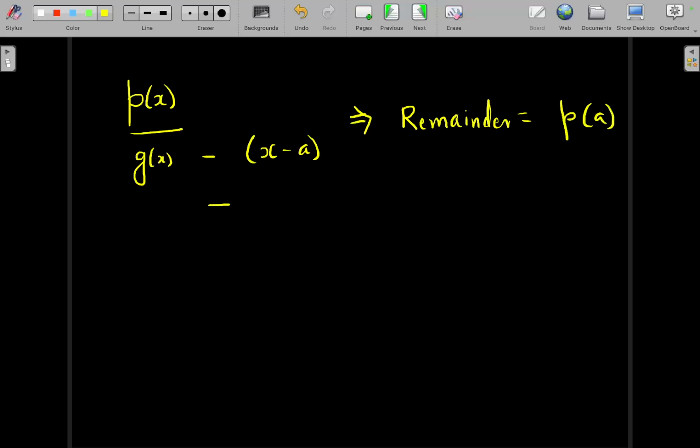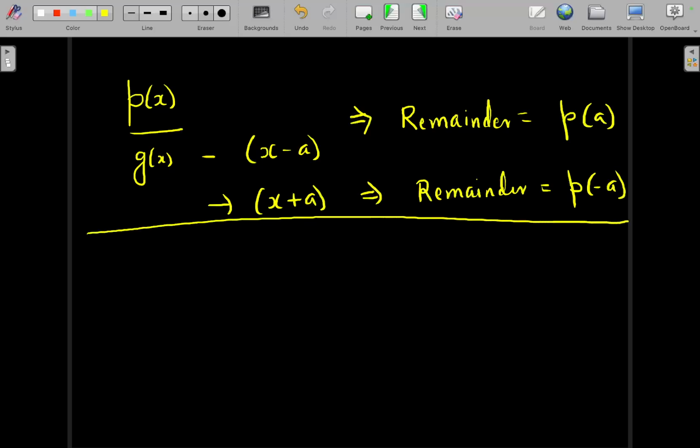And if you divide by, let's say, x plus a, then the remainder is p of minus a.